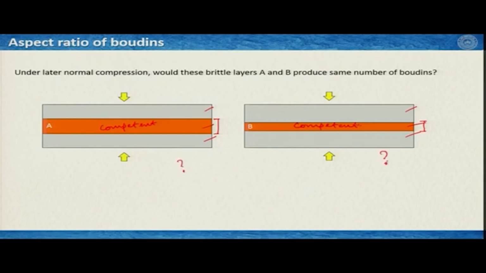You can think of this and you can write me back your answers, but this is a very interesting problem, and we will see with time how we can go ahead with that, and figure out what would be the aspect ratio of the boudins.